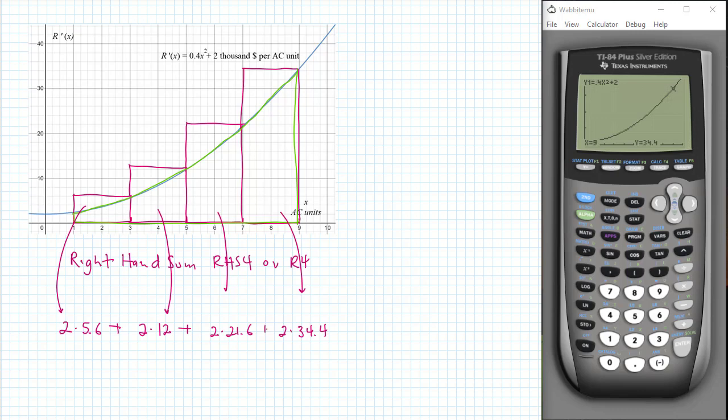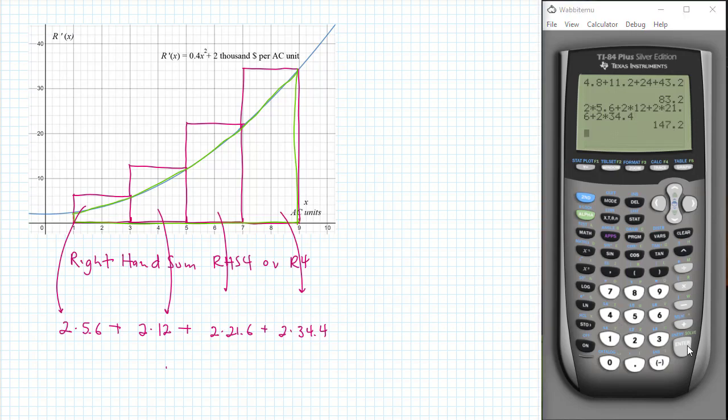Add these all up, and that's going to give us our approximation for the area. It's going to be an overestimate. So I can put that into my calculator to figure it out. 2 times 5.6 plus 2 times 12 plus 2 times 21.6 plus 2 times 34.4.